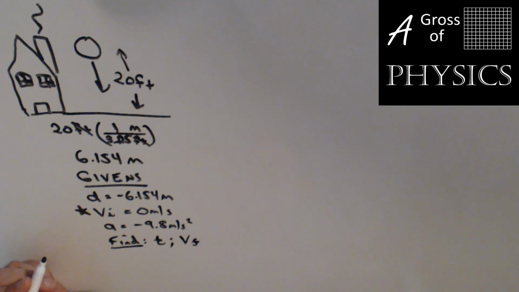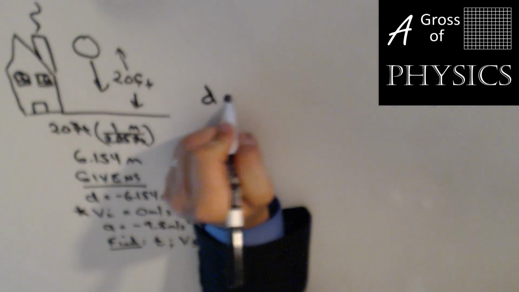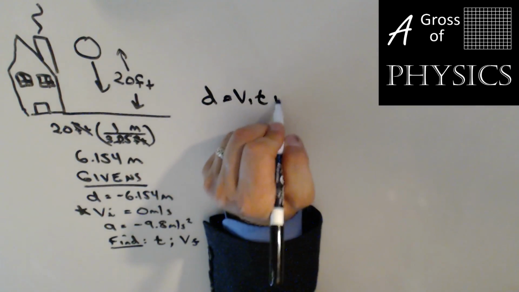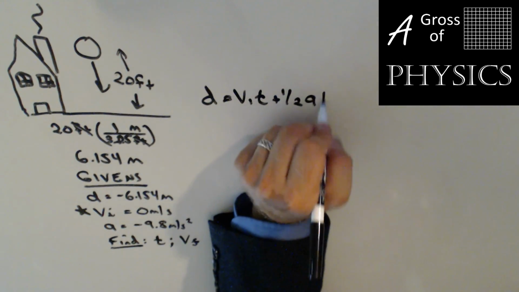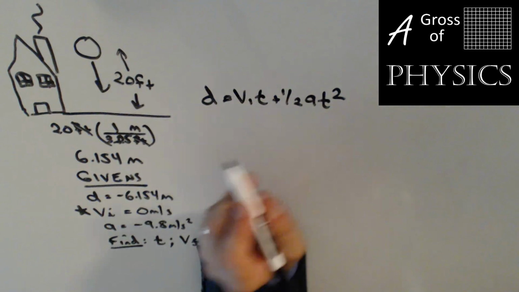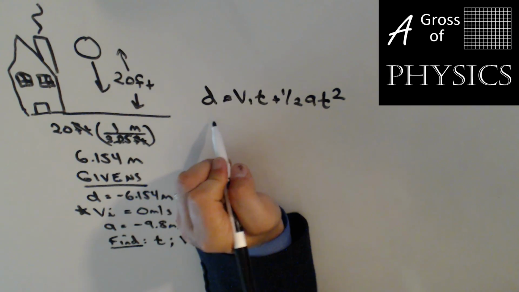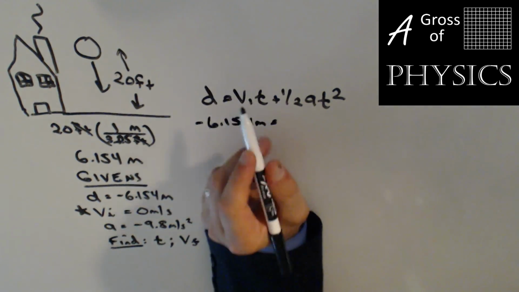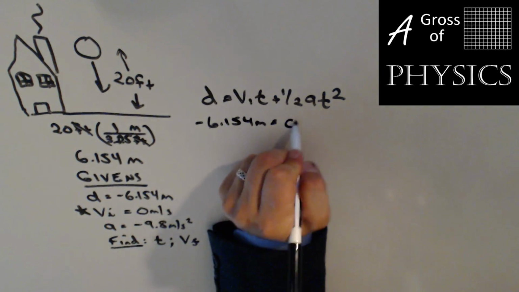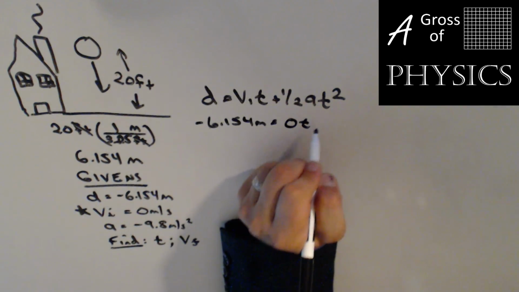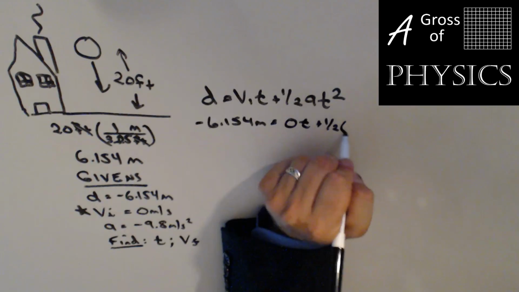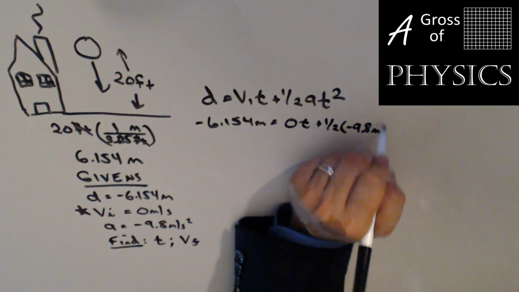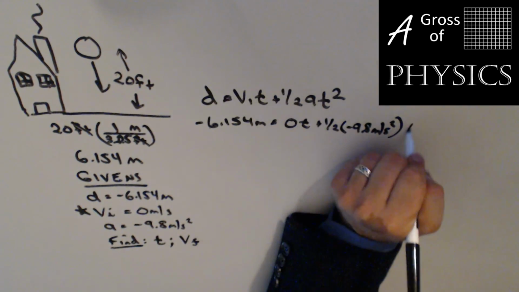Looking at the variables that we have, I'm thinking equation 4 would be appropriate: D equals VIT plus 1/2 AT squared to solve for t. D, negative 6.154 meters. VI, 0, times t, plus 1/2 negative 9.8 meters per second squared, t squared.